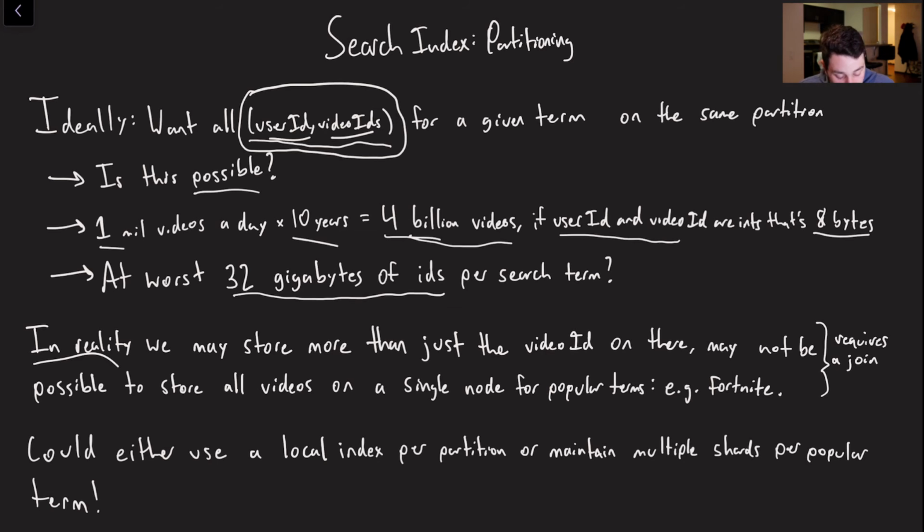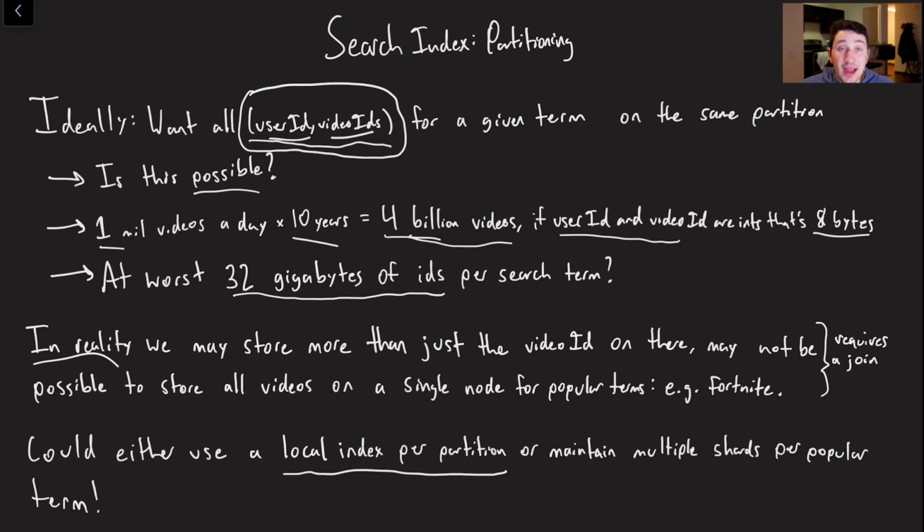So we've got a couple of decently solid options. The first being that we don't do any term-specific partitioning, and rather we just round robin all the documents and then keep a local index per partition. That can be okay, but if we have too many partitions, let's say we have 100 different partitions of search indexes, then we have to aggregate 100 different partitions, which is probably going to be pretty expensive.